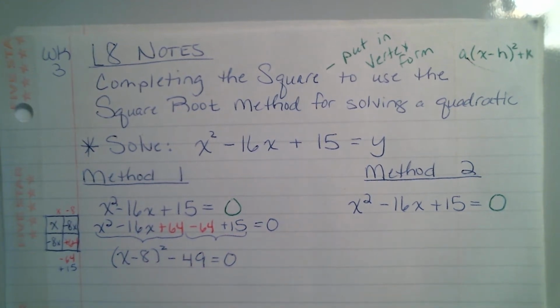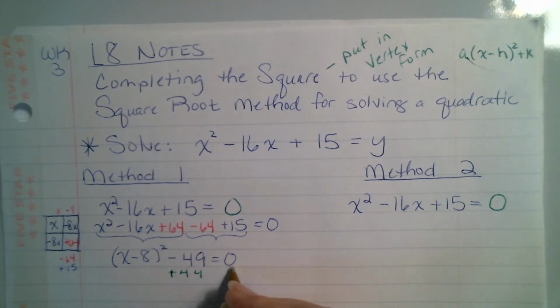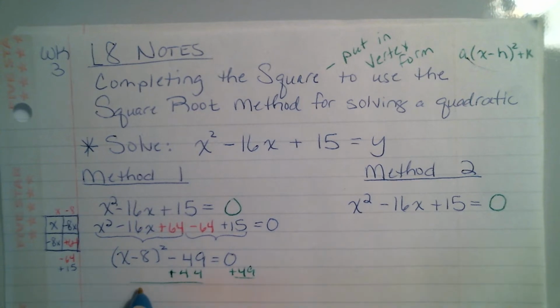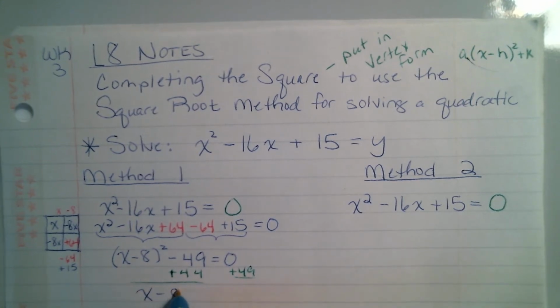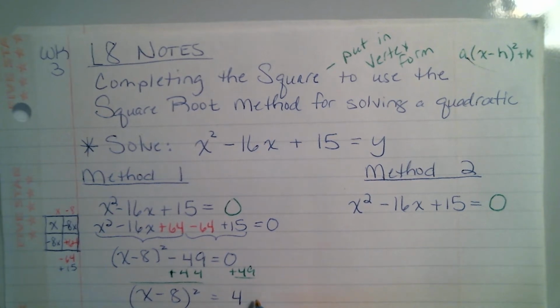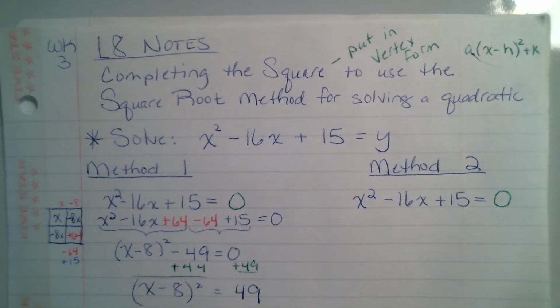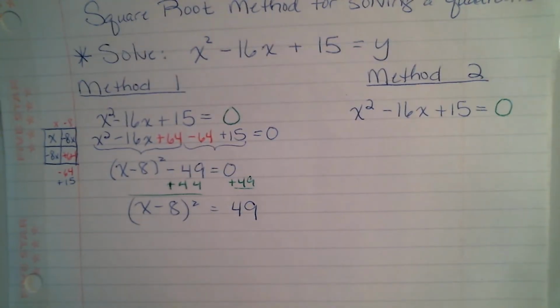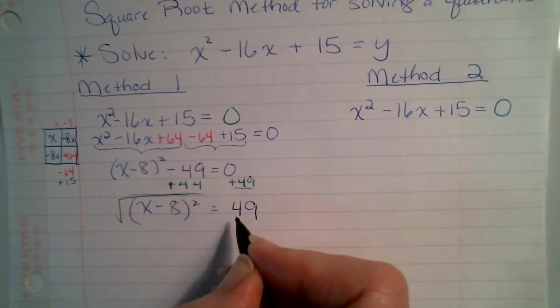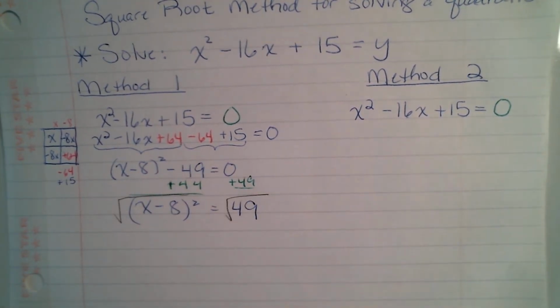I'm going to add 49 to both sides of this equation. And now I've done that, I've isolated the square, I can take the square root of that on both sides.